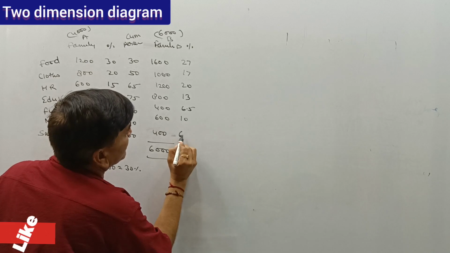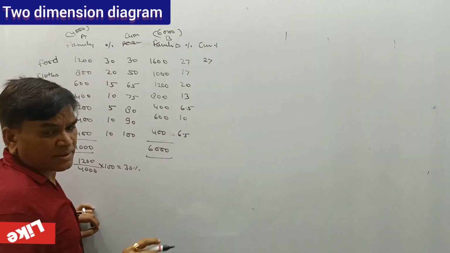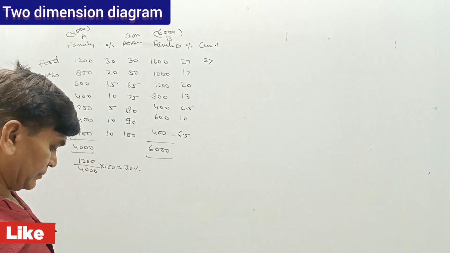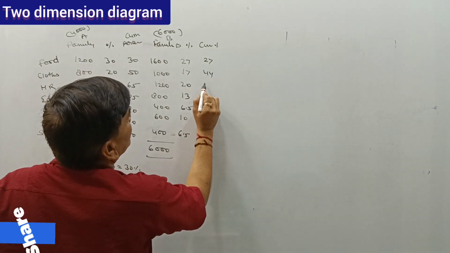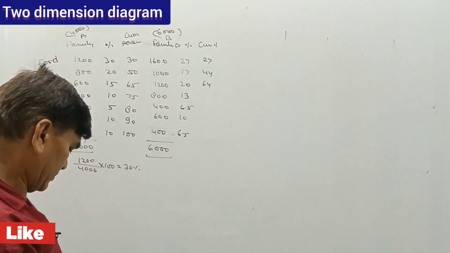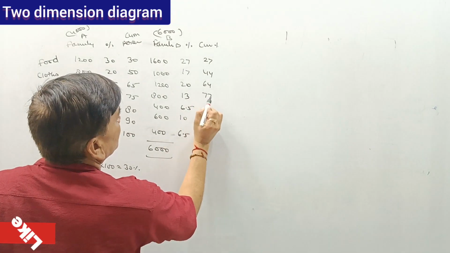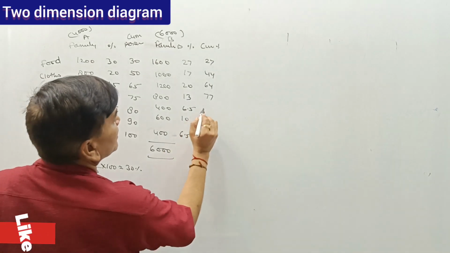for getting an equal result. Cumulative percentage: 27 plus 17 is 44. 44 plus 20 is 64. Plus 13 is 77. Plus 6.5 is 83.5.